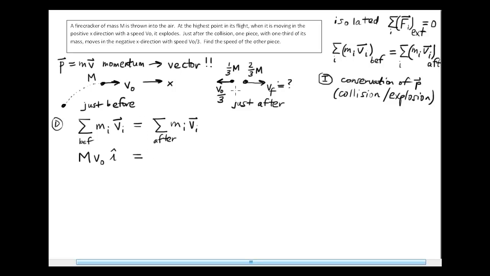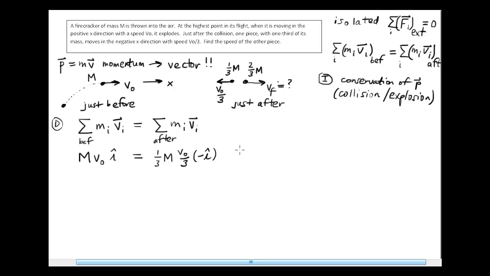What about afterwards? Well, here I've got one piece that moves off to the left, so it's 1/3 times the mass, capital M, and its speed is v0 over 3. It's in the negative direction, so I put in v0 over 3, but remember, it's in the negative i hat direction.